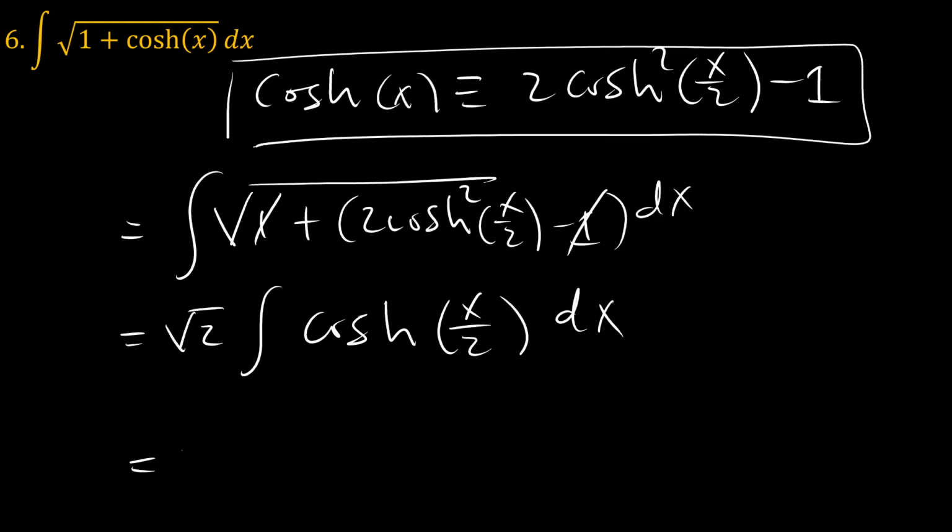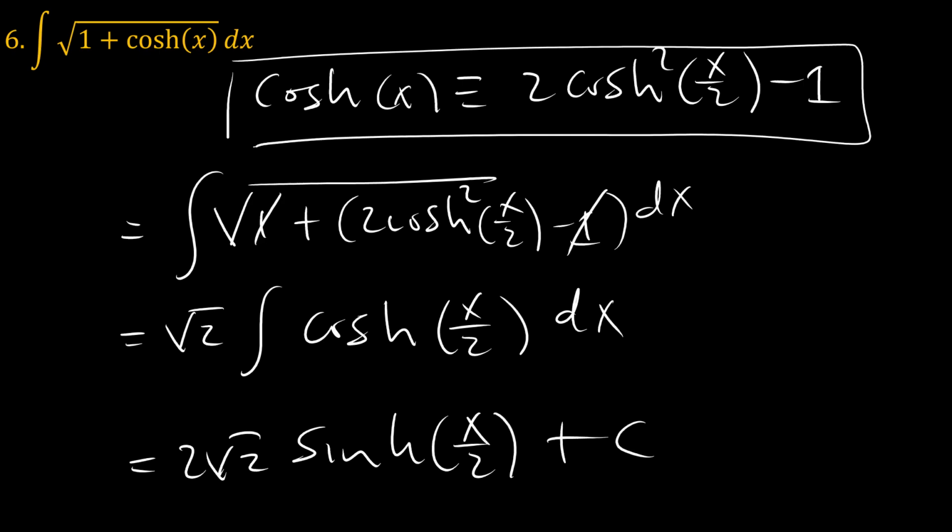And this just becomes twice square root of 2 sin of x over 2 plus the integration constant. And that is the answer, ladies and gentlemen.